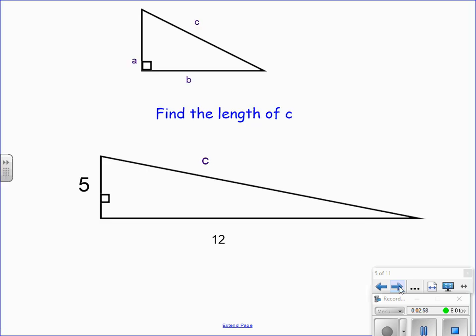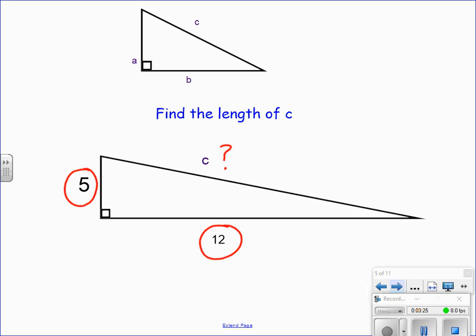So here is a sample question where we've got the small side A, which is 5, the medium side, which is 12, and we don't know what the third side is. We're going to use Pythagoras' theorem to see if we can find out what the missing side length is of this right triangle. That little symbol should be down here in the corner.